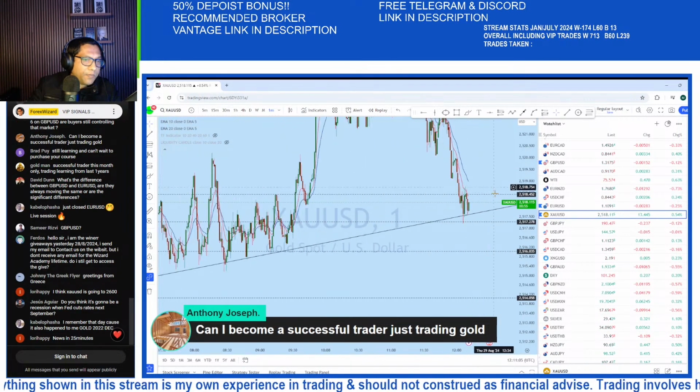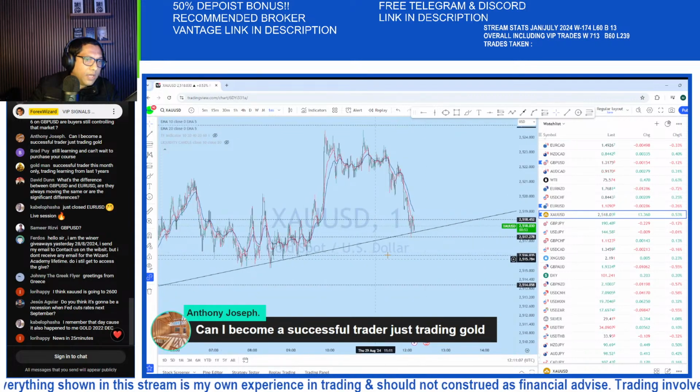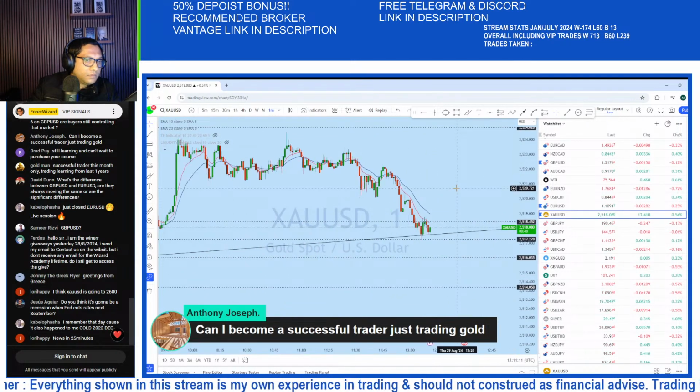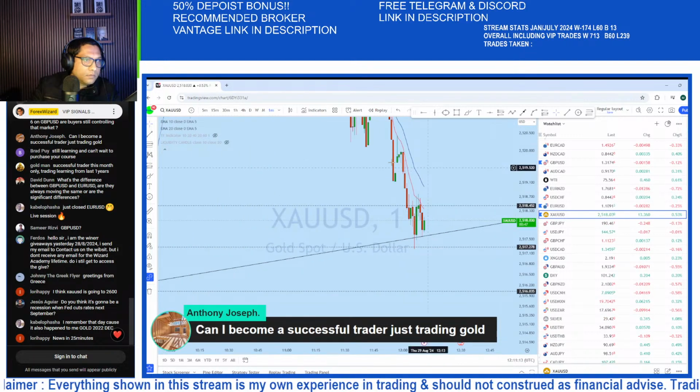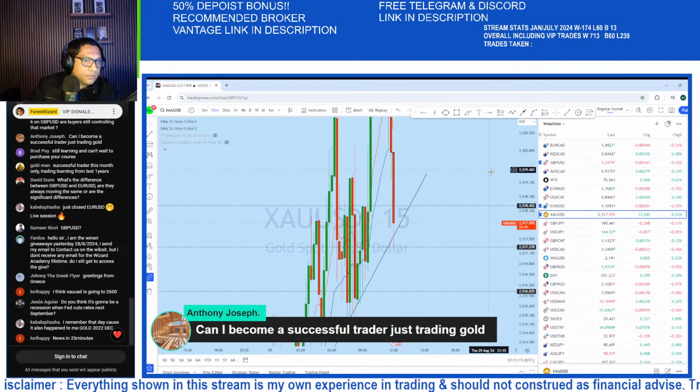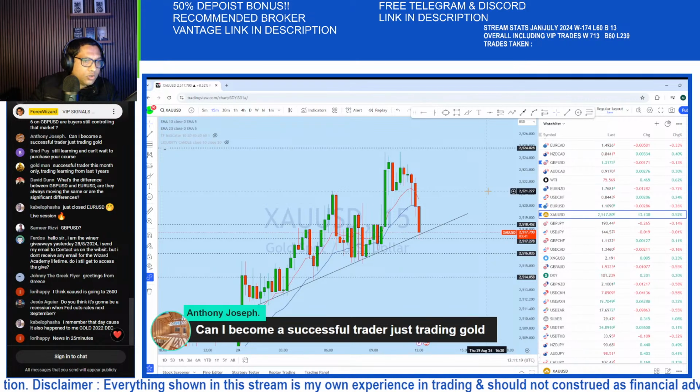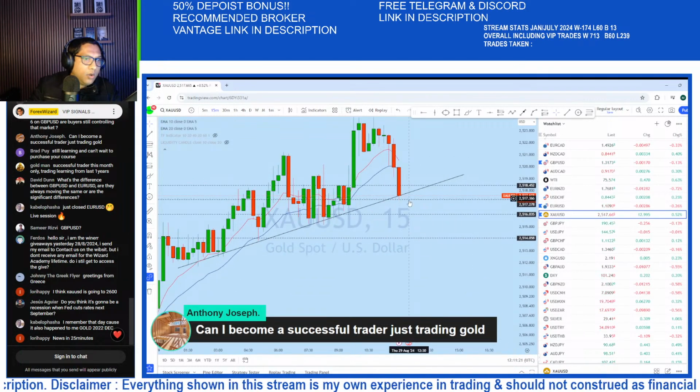Okay, so you can see the price on the support level on gold, dropping to the support with the news.